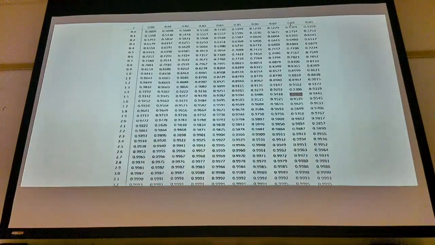So it has to be like this, not like this. It's both. 1.5 plus 0.08, okay, so 1.58.